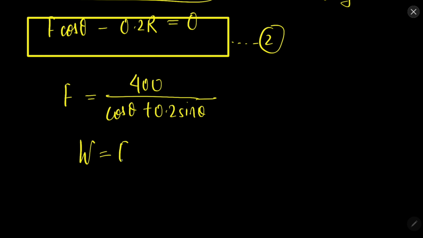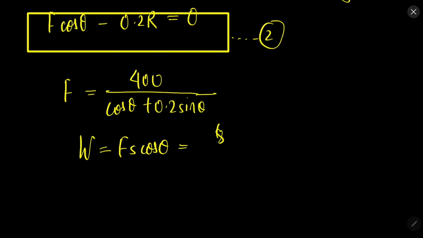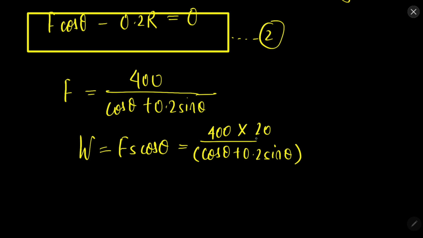Now the work done will be Fs cos theta, so it will be 400 upon cos theta plus 0.2 sin theta, into displacement 20 meter, and the angle between them gives cos theta.